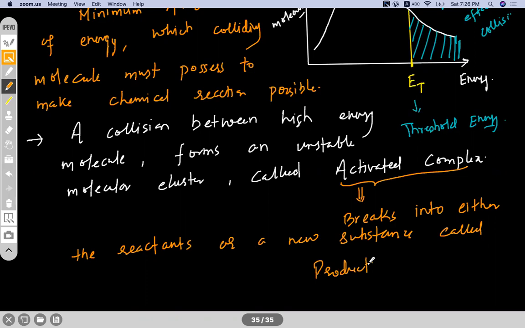So either this activated complex will convert back into the reactant or it converts into the product.